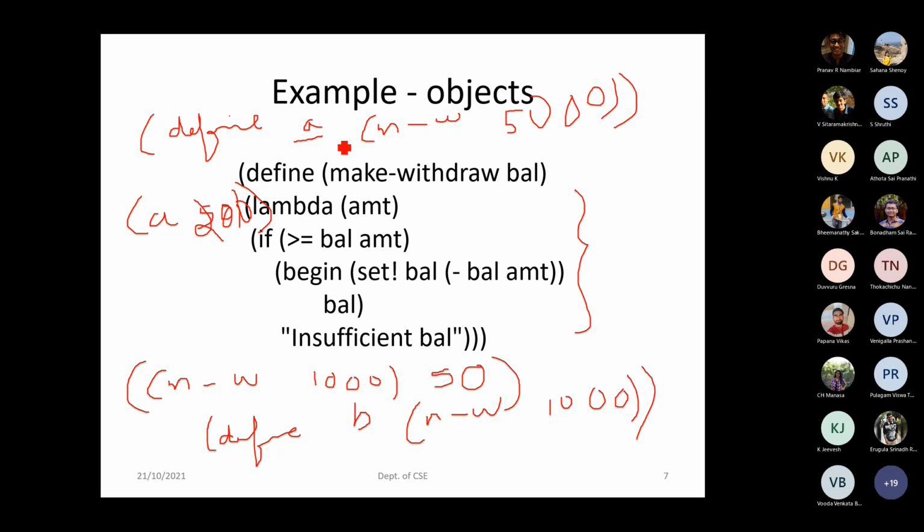Right now I have defined only the withdraw part, so A has the function withdraw. A is just having the procedure with respect to the withdraw part. Only that particular function we have explained.